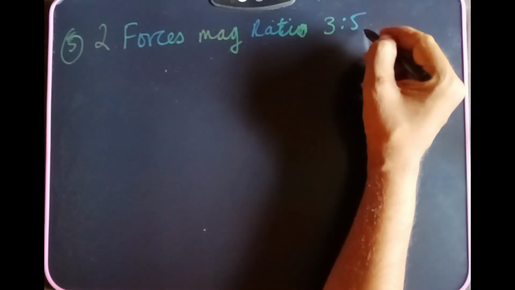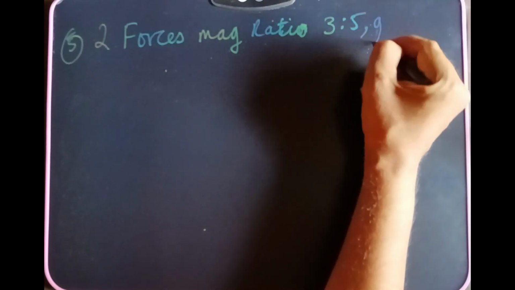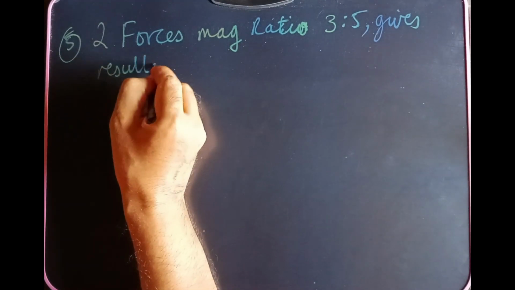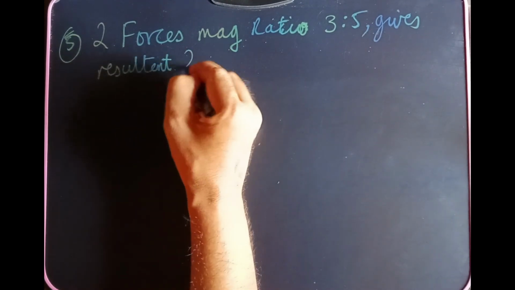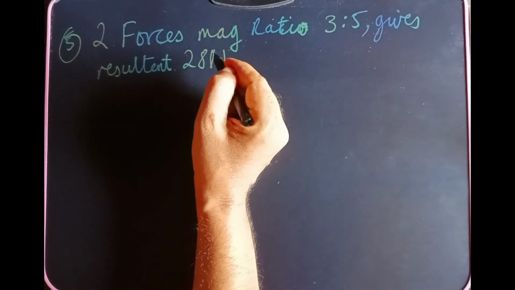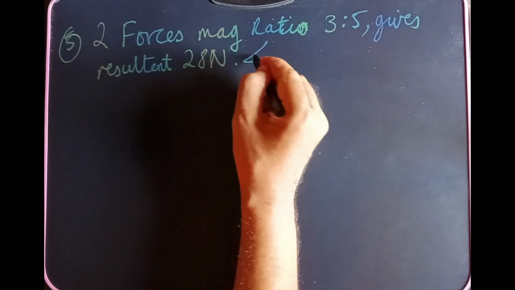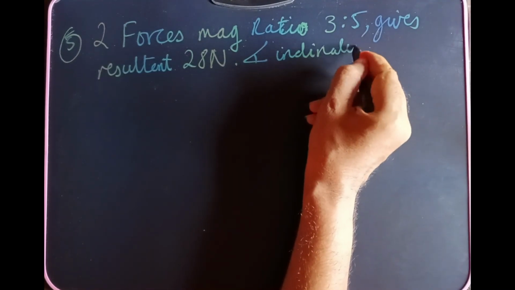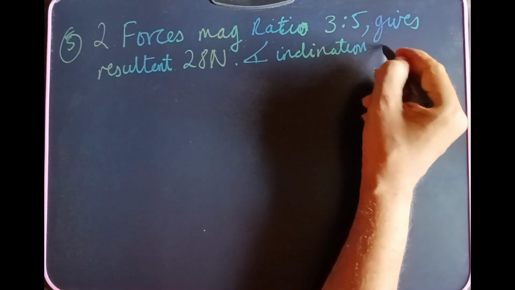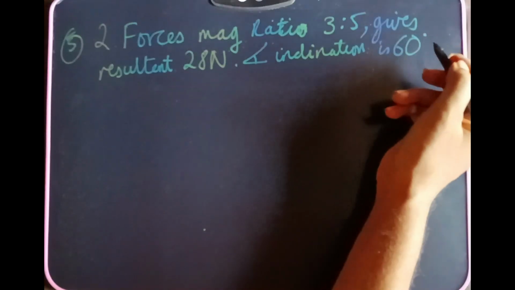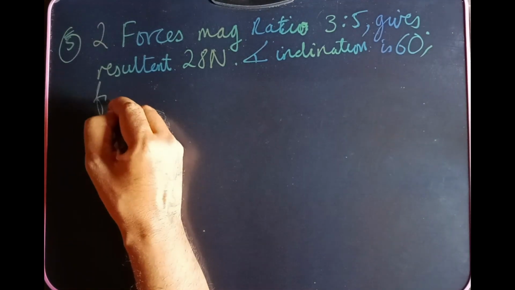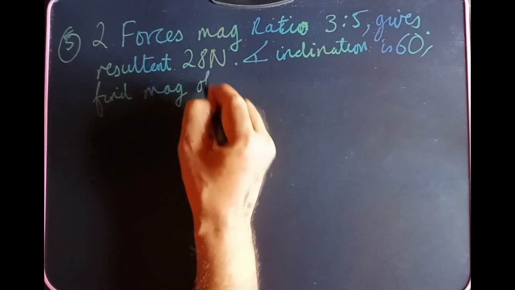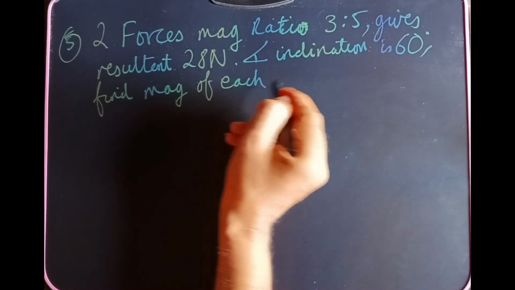When it is a ratio of 3:5, it gives a resultant of 28 Newton. Angle of inclination is 60 degrees. Find the magnitude of each force.